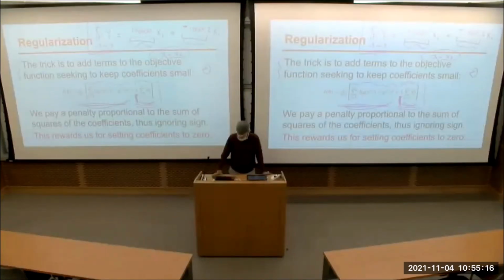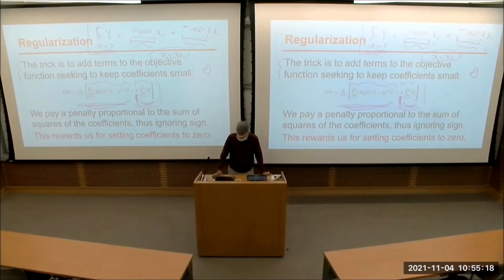Typically, what I think you will find is that a small amount of regularization will have a small effect on how well it fits, but a large difference in what the parameters look like. And the models, when you use regularization, are often much more robust than if you don't use regularization. Any question?